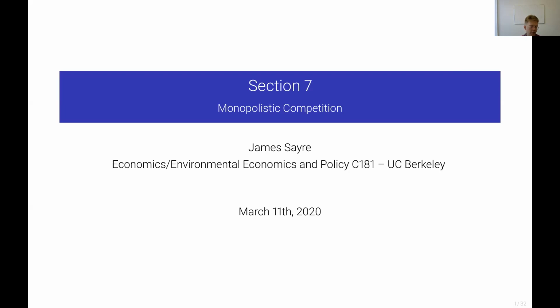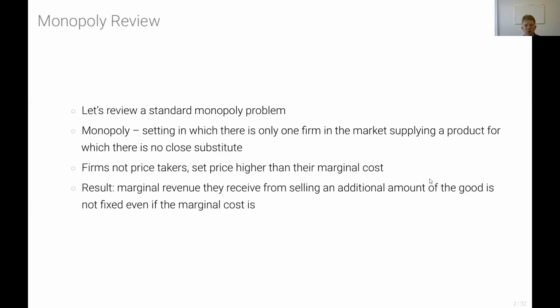But before getting there, we're going to review a little bit of the theory of monopoly, and that hopefully will give you a little bit of insight into the monopolistic competition model. We're going to start off by reviewing a standard monopoly problem. This is entirely optional. If you've just taken a course on monopoly, this all seems straightforward, feel free to skip this part.